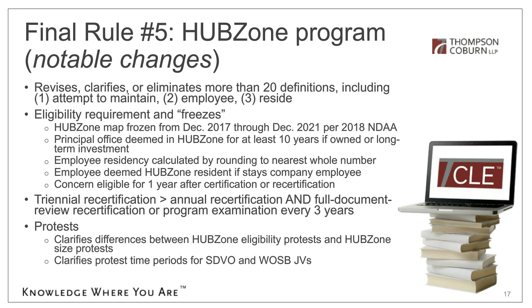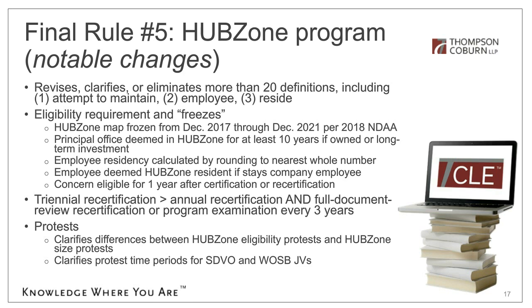Some other changes that came about from this rule is the time for recertification. So I mentioned that a concern has to recertify after they've done their initial certification. Previously, under the HUBZone program, they would only have to go through a 3-year recertification process known as a triennial recertification.